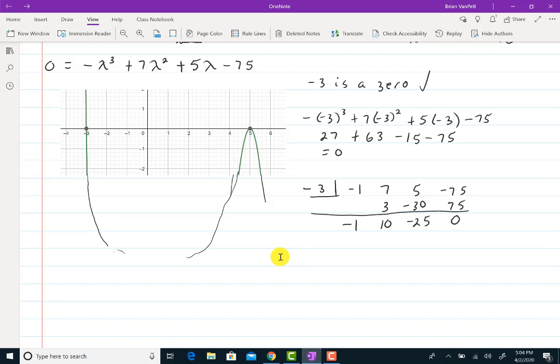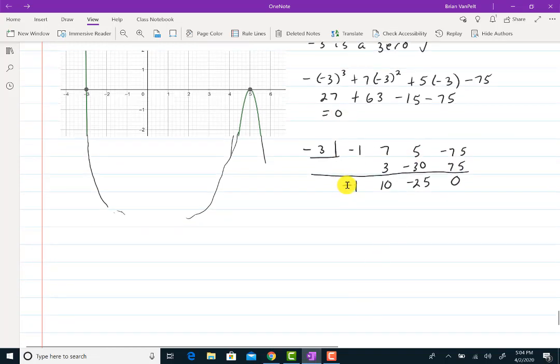This does more than confirm that negative 3 is a 0. Right there it is. Negative 3 is in fact a 0, which is what we got up here. This thing here is the same as this. It tells us more, though. It tells us the rest of it. So what I have is negative lambda cubed plus 7 lambda squared plus 5 lambda minus 75.